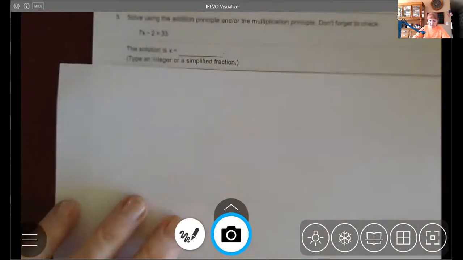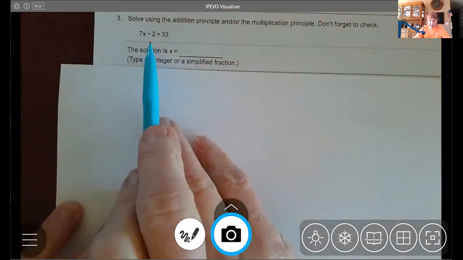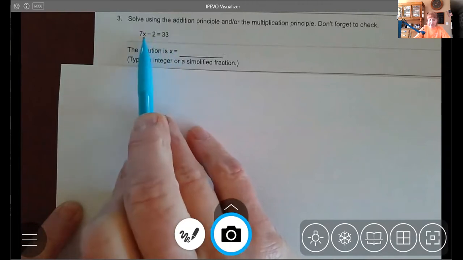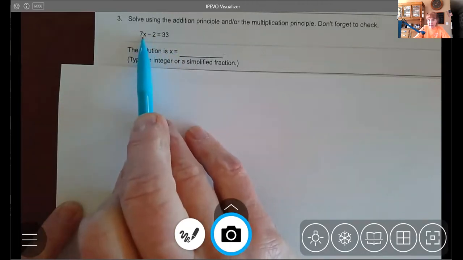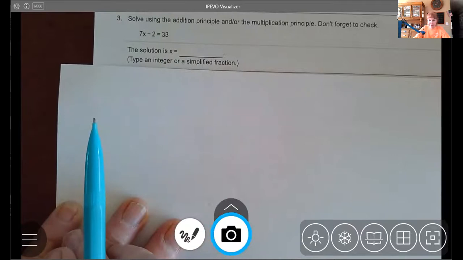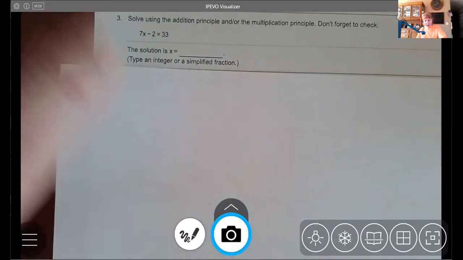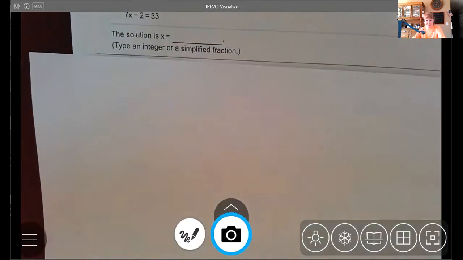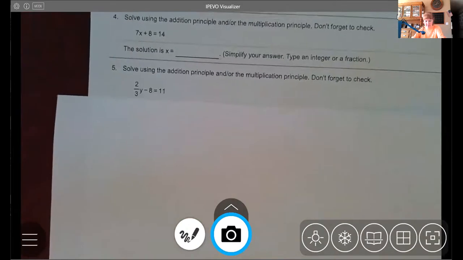So here, you don't have to clear fractions, you would add 2 to both sides and then divide by 7. Okay, so you would add the opposite and then divide by 7 to solve it. All righty. So that's how you would do number 3. Add 2 and then divide by 7. So it looks like your answer is going to be 5 on that example.